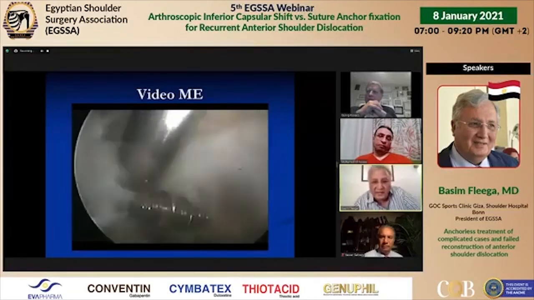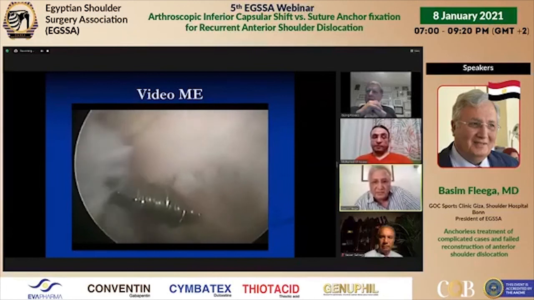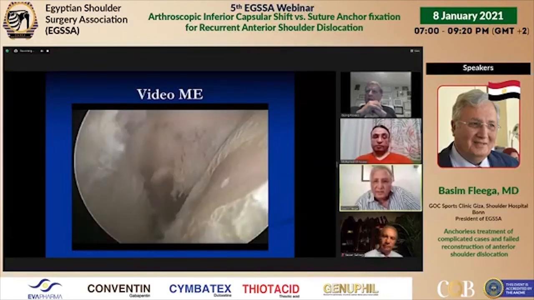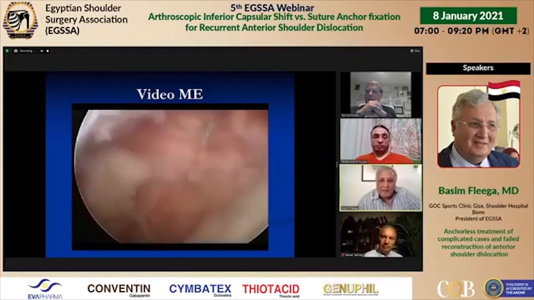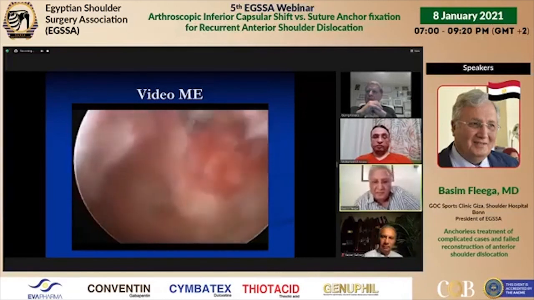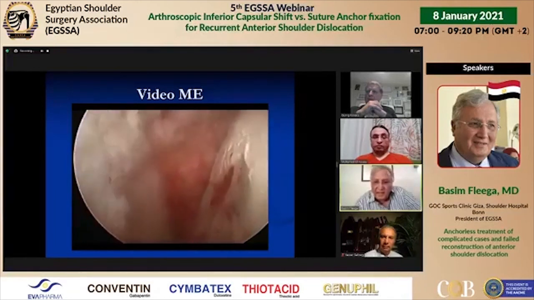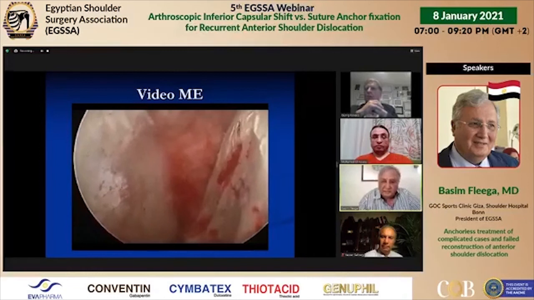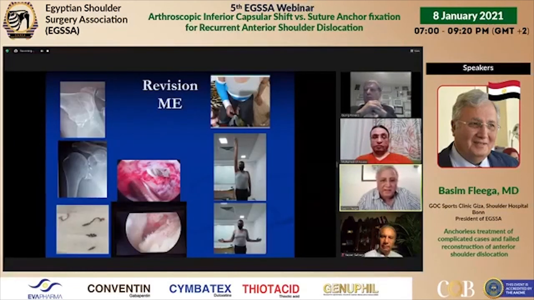This is another case of a loose anchor which has damaged the shoulder, and here's the head with the damage. We did then an inferior capsular shift and abrasion to the head. And these are the anchors which we removed, and the patient 1 year after surgery completely satisfies, with normal range of motion.